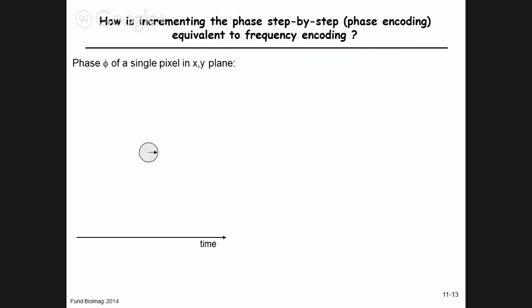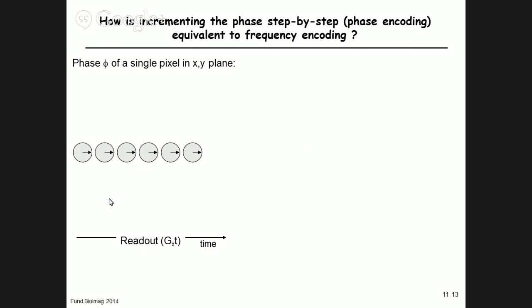We're talking about spatial gradient changing the phase, but it's the same thing as if you were to frequency encode. So we have frequency encoding, we turn on a gradient, we look at the signal, we Fourier transform, we get a projection. Now what I want to show you is to increment the gradient every TR seconds along y.